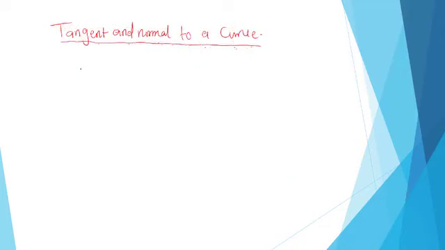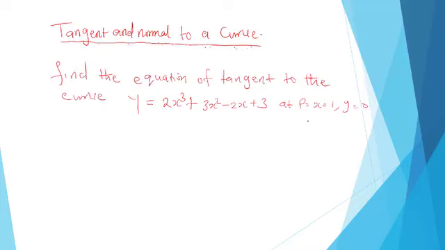Now I would like us to move further in this same aspect. Now let's try attending to this question. What we have here, as I told you the last time, the first thing we need to do is to get the gradient, and the gradient is dy/dx.